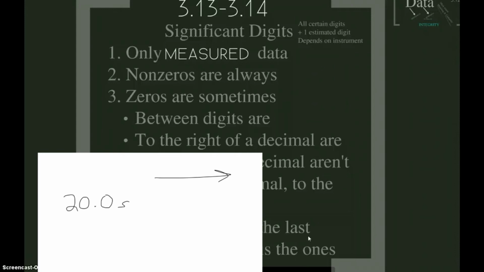So for example, if I measure the time to be 20.0 seconds, I'm not just saying, oh, it's 20 seconds. 20.0 implies there is precision, that I know for certain those first 2 digits, and I estimated the third, that there are 3 significant digits in that number. So those zeros are significant.